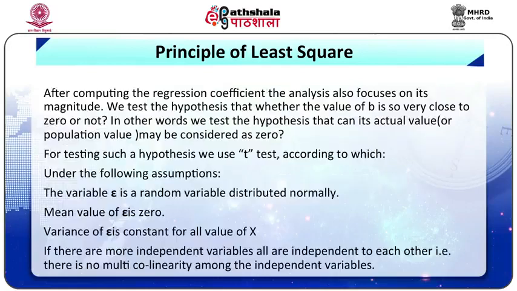After computing the regression coefficient, the analysis also focuses on its magnitude. We test the hypothesis of whether the value of b is very close to 0 or not. In other words, we test the hypothesis that its actual or population value may be considered as 0.